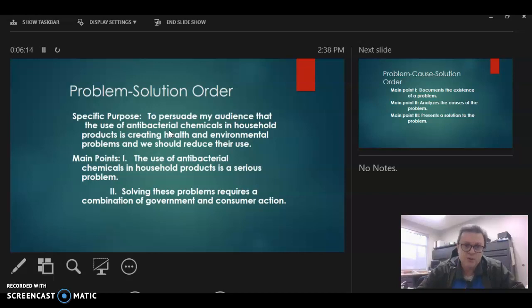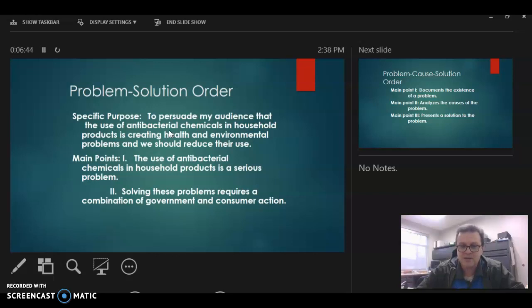Main point two, how do we solve that? Do we need the government to change regulations in regards to how much of it can be sold? Do we want businesses to change their practices in some way? But clearly, this is one of those where we could ask consumers to just buy less of things, right, that have antibacterial chemicals. Maybe having a little bit of antibacterial soap in your house is an okay thing, but using it for your hand cleaning all of the time is not necessary.